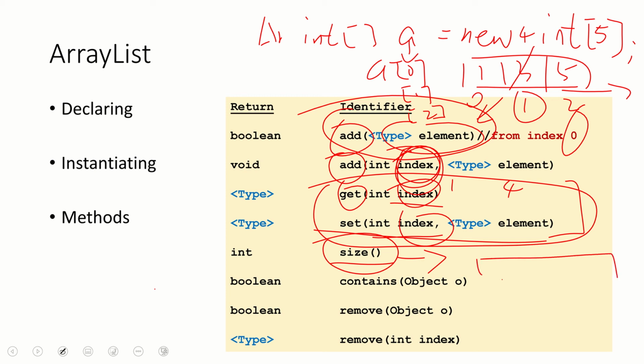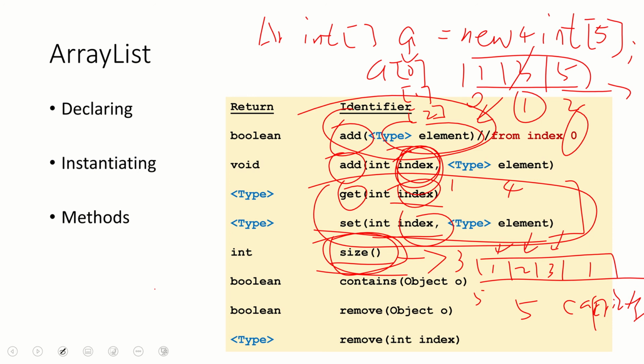For example, you declare a capacity of 5, but you only fill 3 of them: 1, 2, 3. If you call the array list method size, this will return 3, but not 5. So this gives you the actual number of elements which include values.